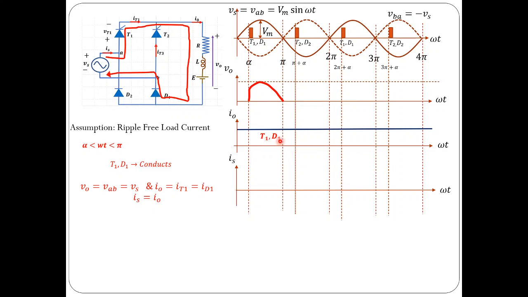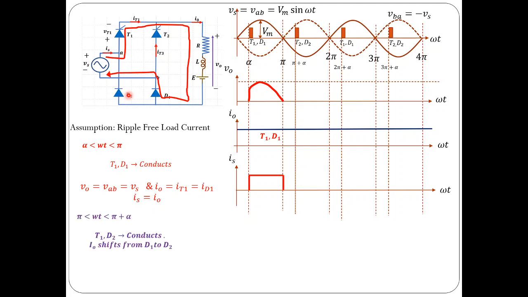T1 and D1 are going to conduct during this period. And what about the source current? Source current is same as the load current. You can see source current is same as load current, both are equal. Thyristor 2 and diode 2 are reverse biased, they won't conduct during this period.